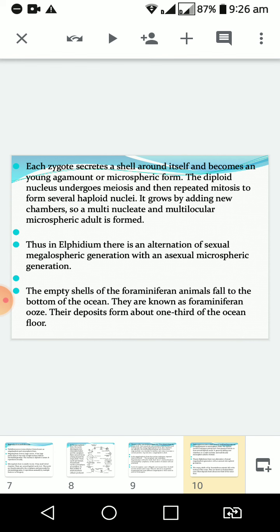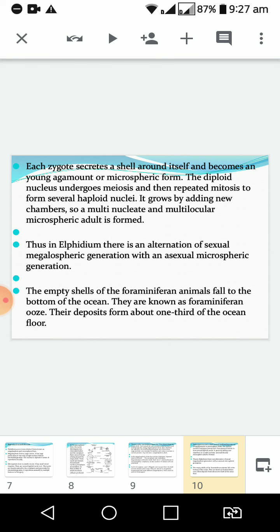Now the diploid nucleus undergoes meiosis, then repeated mitosis to form several haploid nuclei. Now many haploid nuclei are formed, and it grows by adding new chambers.